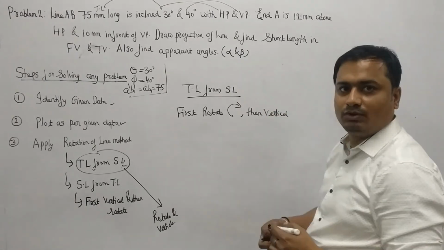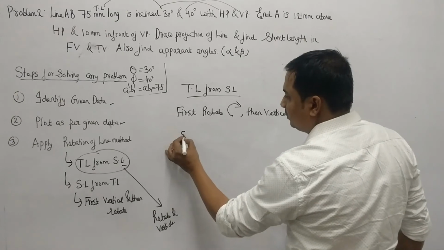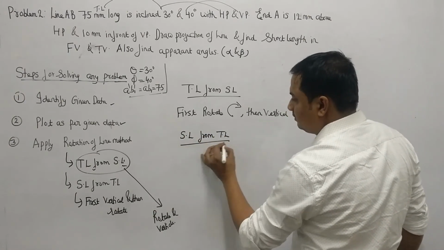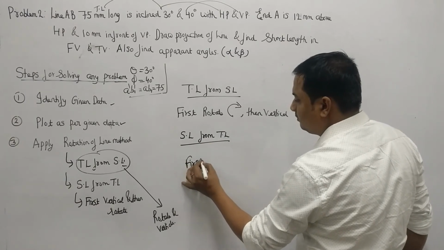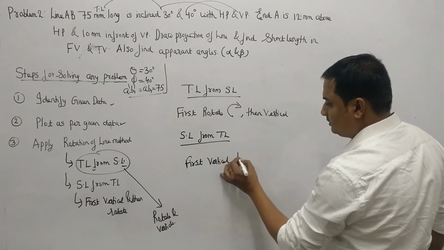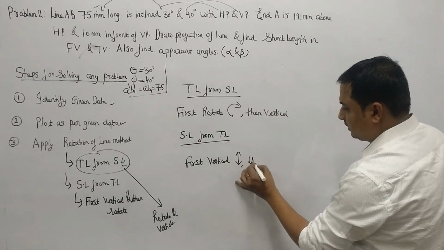This is for finding the true length from the short length. But when you are going reverse, finding the short length from the true length, first vertical, it can be upward, it can be downward. First vertical and then rotate.